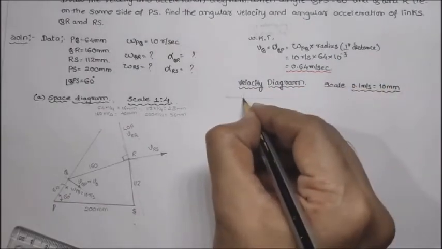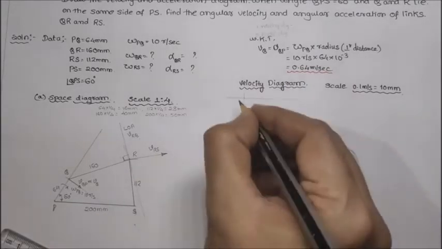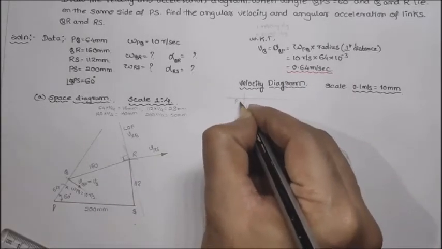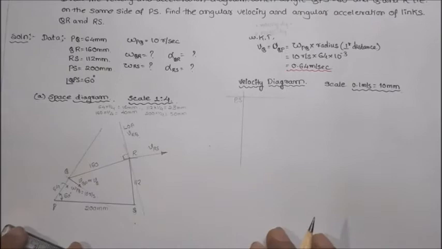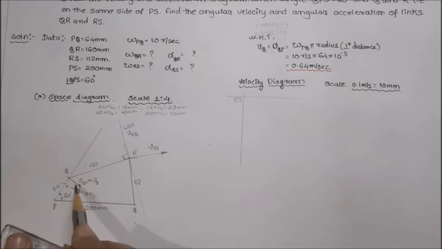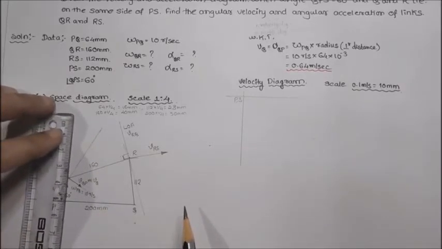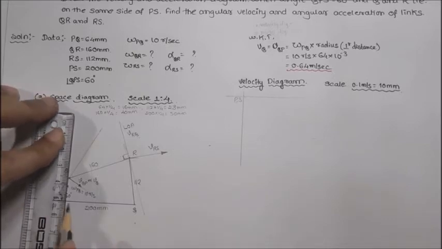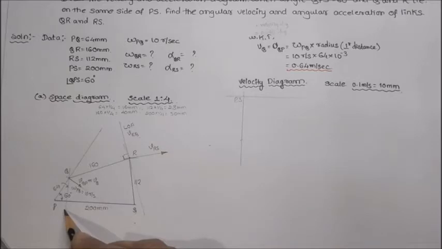We'll call these 2 points P, S. From here we have to draw a line which is parallel to this line, that is velocity of Q with respect to P. So as usual, here we have to draw one straight line, a perpendicular line to this one. So we'll draw. Okay, this will be this, and this line will be parallel.